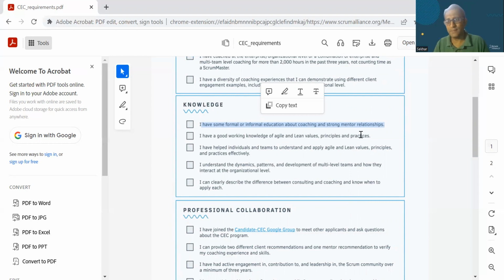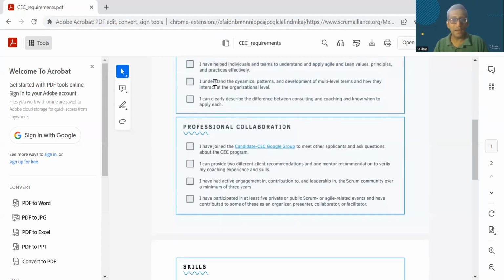These are some of the competencies that we are going to test you on. You as an applicant should have helped individuals and teams apply agile and lean values, principles, and practices effectively, and understand the dynamics, patterns, and development of multi-teams and how they interact at the organization level.